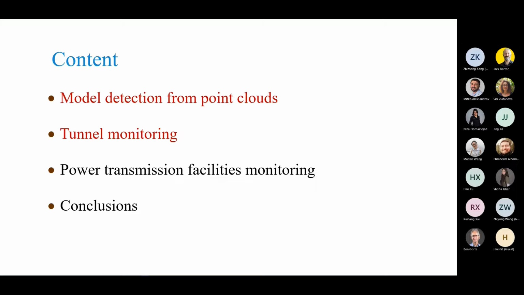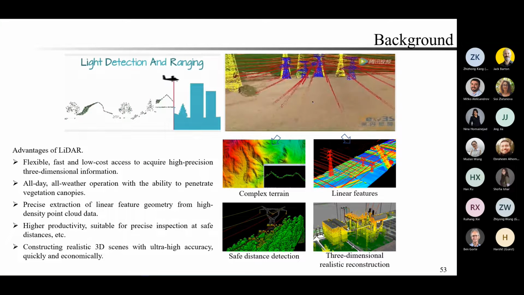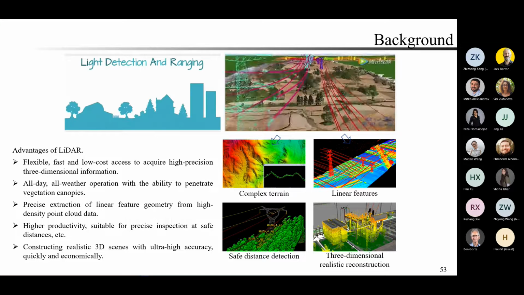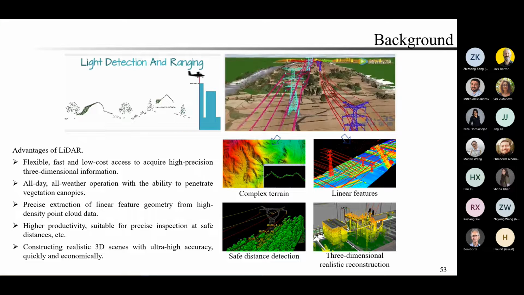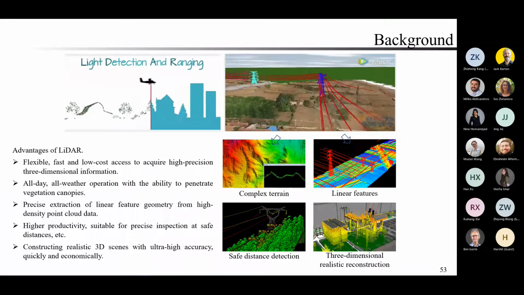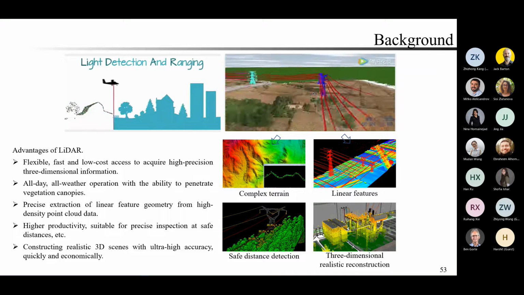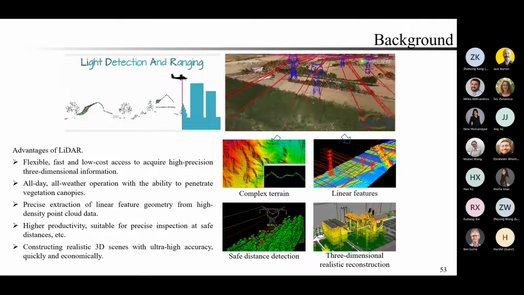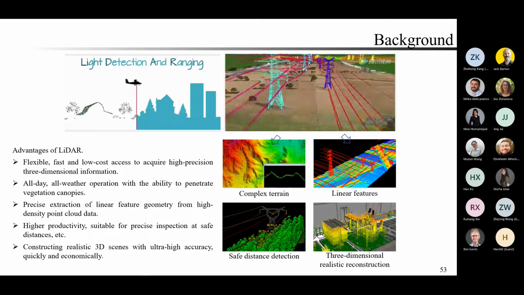Okay, and the third part is about power transmission facility monitoring. Actually, LiDAR has become more and more popular in transmission facility monitoring, because it has proved a very efficient way to acquire the data set for the transmission facility, like the transmission lines and the pylons.